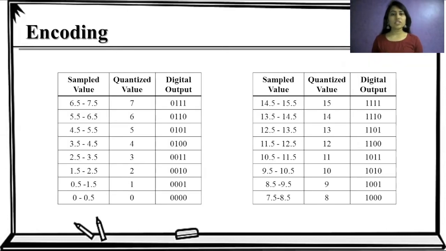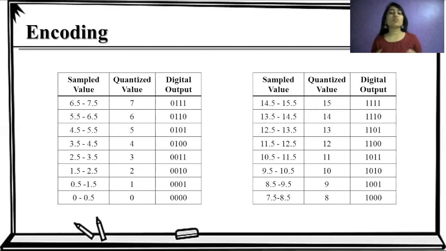Here we have a table for the encoded digital value. We have a sampled value, then we round it off into a quantized value, and after this quantized value we encode the information into digital form.